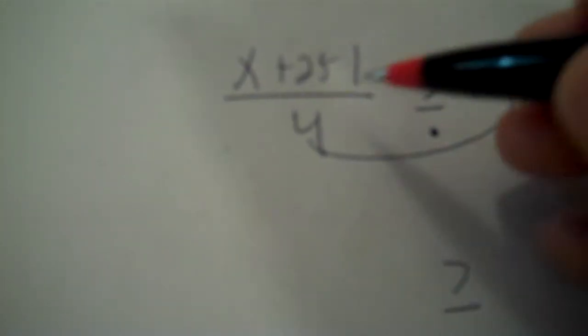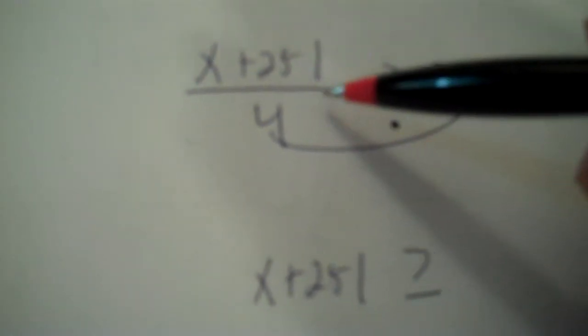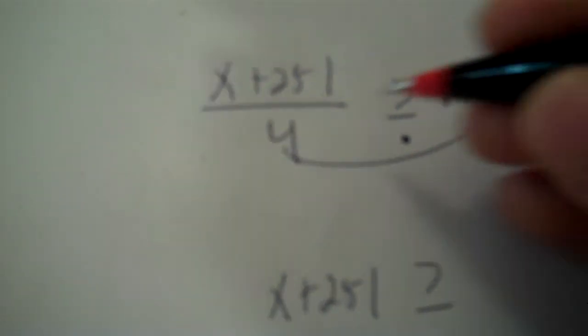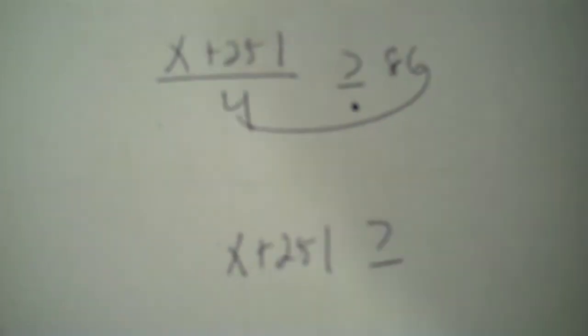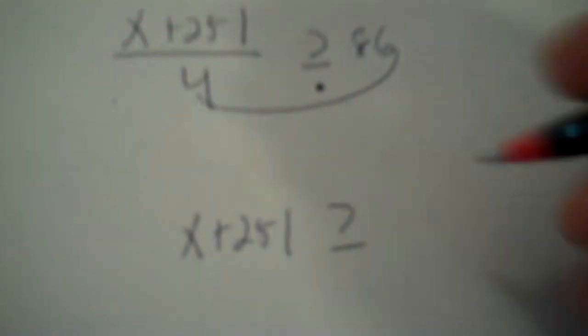That's the first thing you need to do. And this 4 is a positive, so the sign will stay the same. And we'll have x plus 251 by itself. The 4 will be over here, okay? When you take the 4 times 86, the 4 goes away from right there. The other side is whatever 86 times 4 is, which is 344.